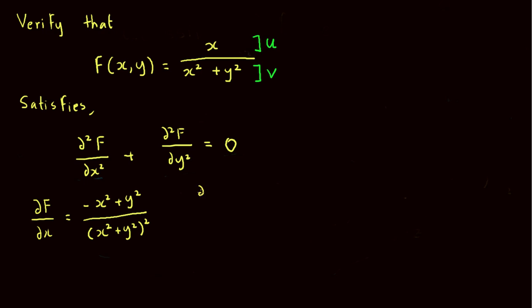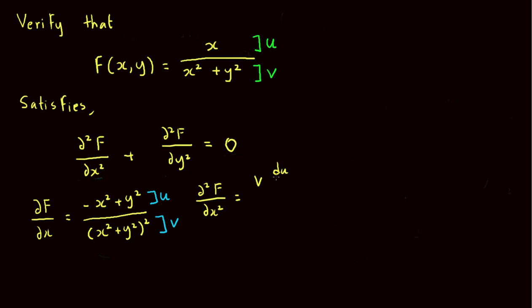So we already found del f del x. Now we need to find del square f del x squared. So again, we have to differentiate del f del x with respect to x. I'm going to use a different color for now. I'm going to write this as my u and this as my v, and use the quotient rule again.